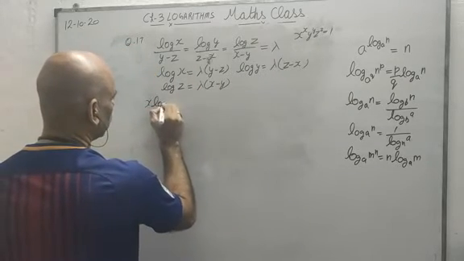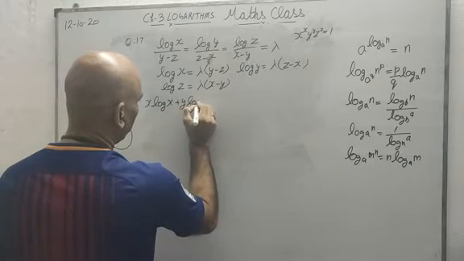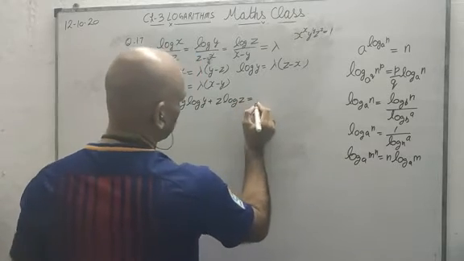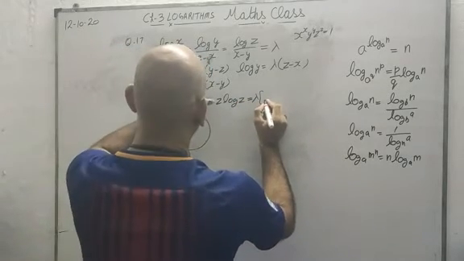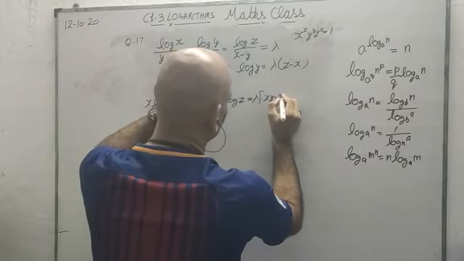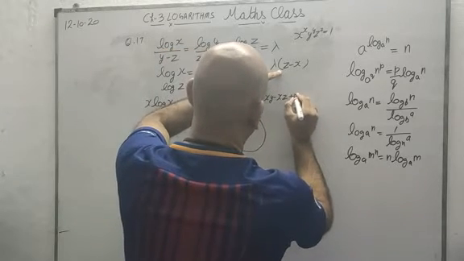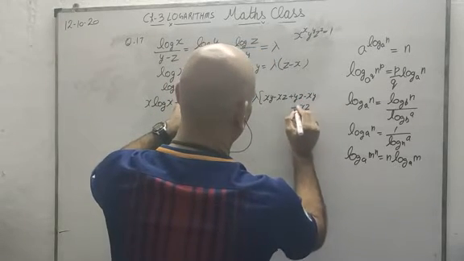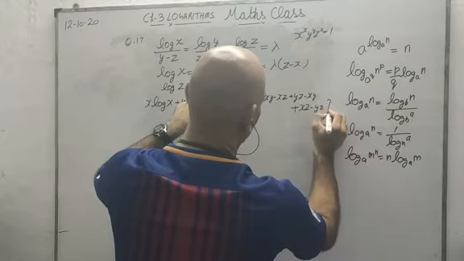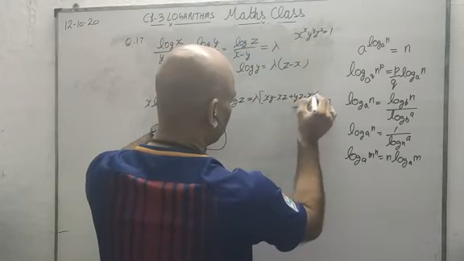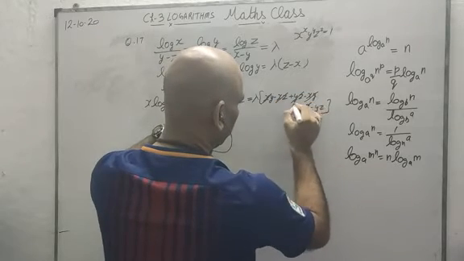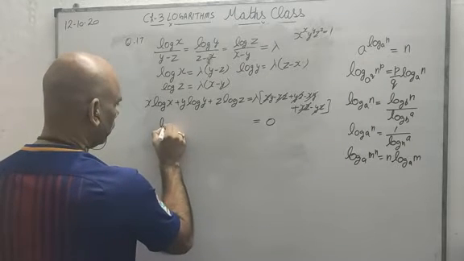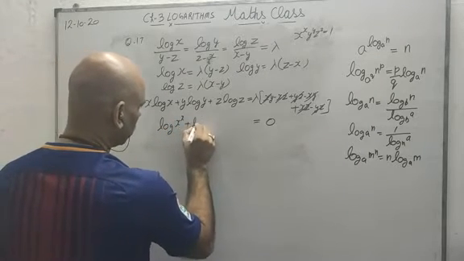So x log x plus y log y plus z log z is equal to lambda, which is common, times xy minus xz, plus yz minus xy, plus xz minus yz. And you will realize that xy is cancelled by xy, xz by xz, yz by yz. This side has become 0.